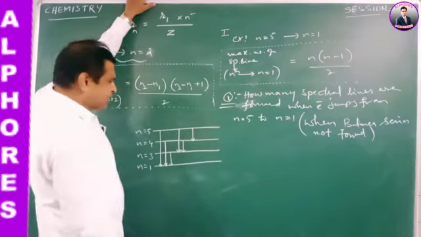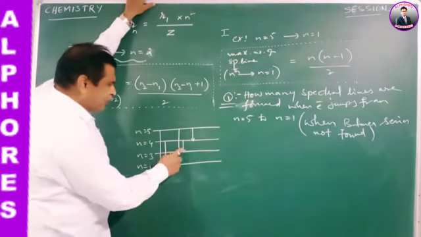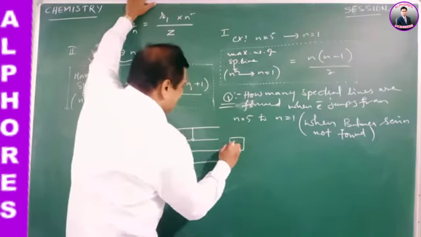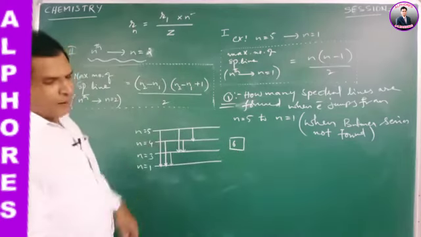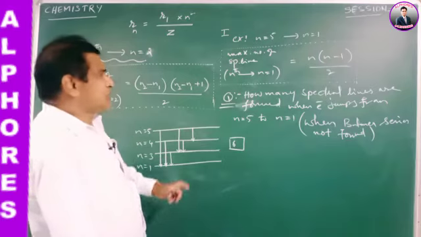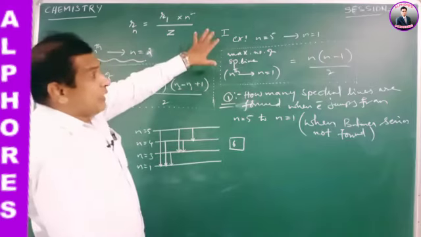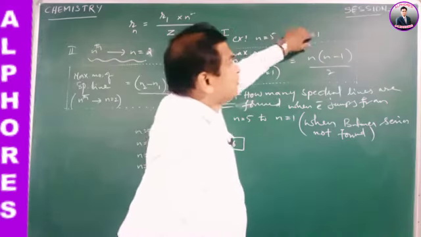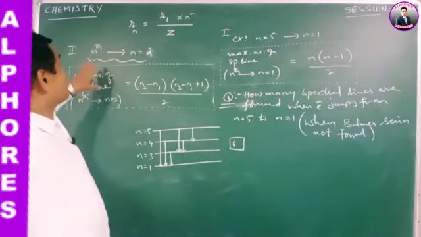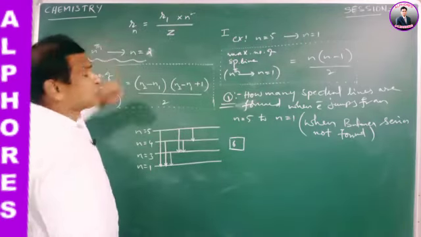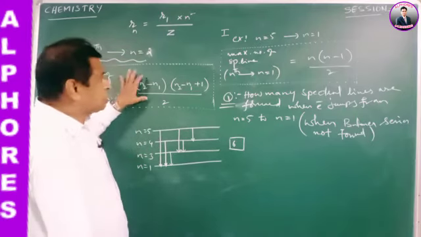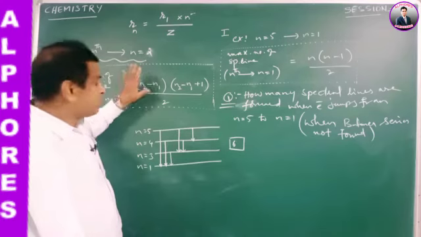In total, how many spectral lines are formed? 1, 2, 3, 4, 5, 6. So 6 spectral lines can appear. In the hydrogen spectra we explain different concepts: the excited electron coming back to the 1st orbit, and next, the excited electron coming back to the nth orbit, not the ground level. This concept we have to follow.